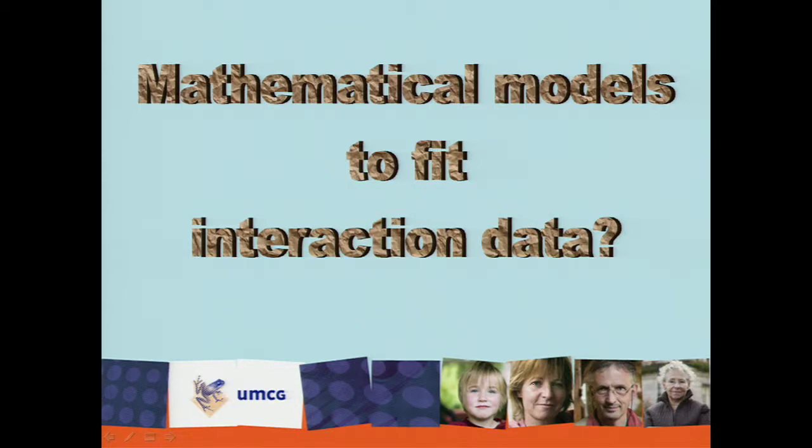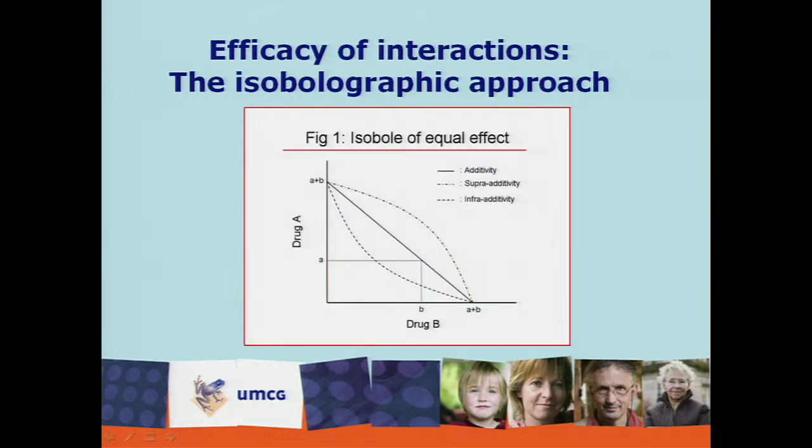Now, you need data, and of course you also need mathematical models to fit the interaction data. This is very well known, I guess, to all of you. This is the classical isobolographic representation of interaction of two drugs.